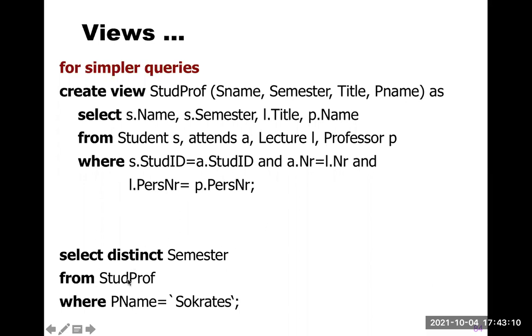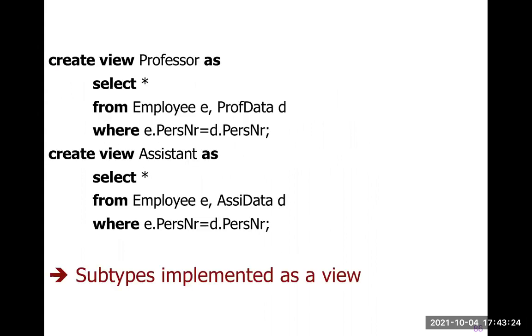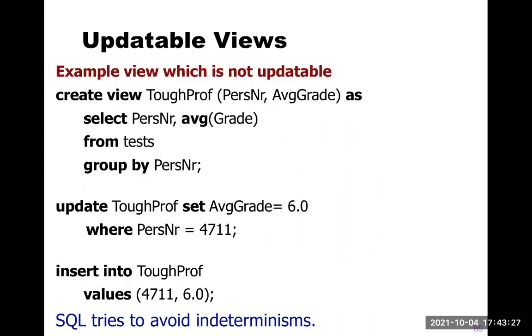I just select something from this table using names of professors, and that's much simpler than writing the same query multiple times. So that's a way to use view creation.